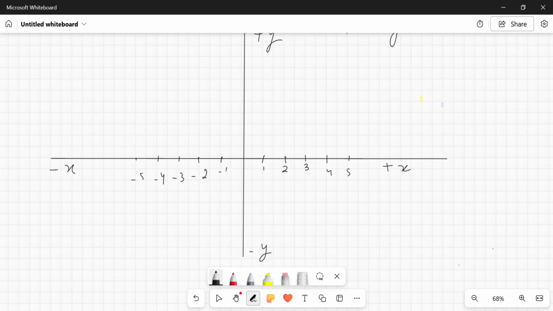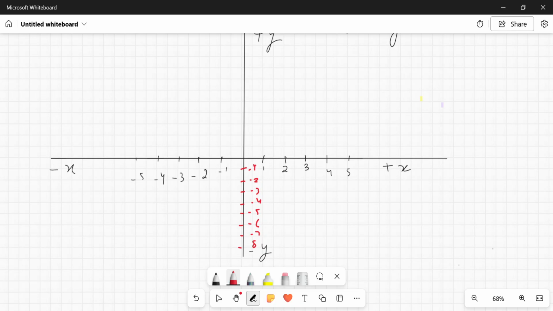Okay, so let me take another color. -1, -2, -3, -4, -5, -6, -7, -8. Same goes in the positive y side because I took 1 centimeter to 1 unit in the negative y.